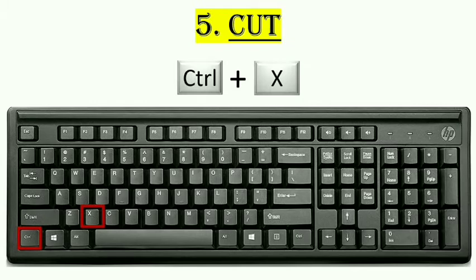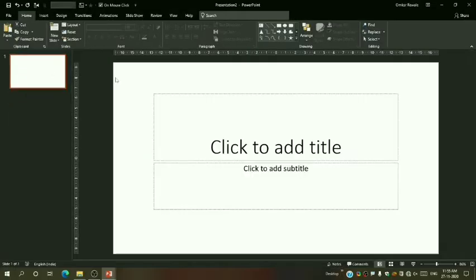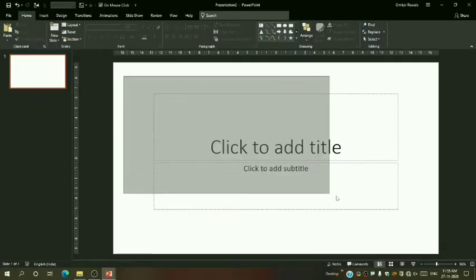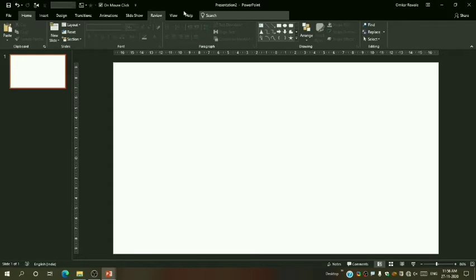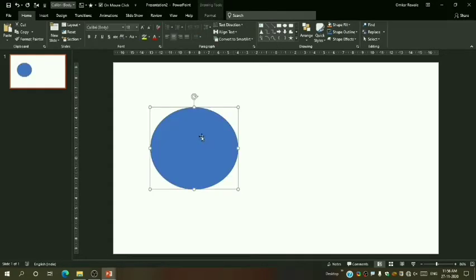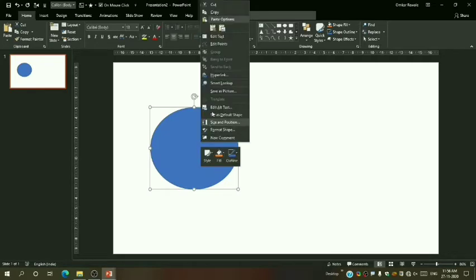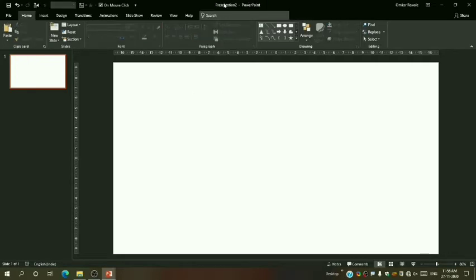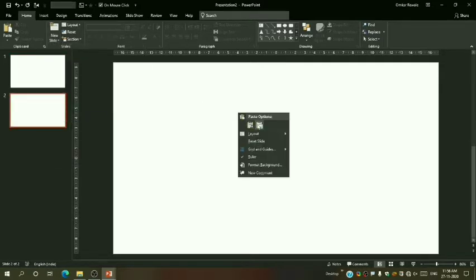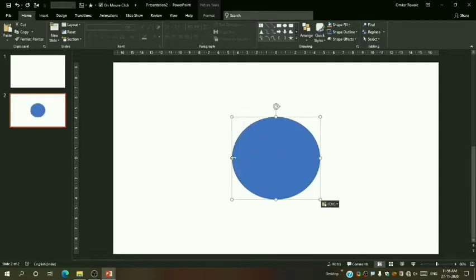So the fifth shortcut is cut. For that we will use Ctrl plus X. So let us see. Here I will first remove all this and insert one object, and usually we right click on this, and here we press cut, and if we have to paste it on another slide, then we open it and press the paste option by right clicking on the slide.